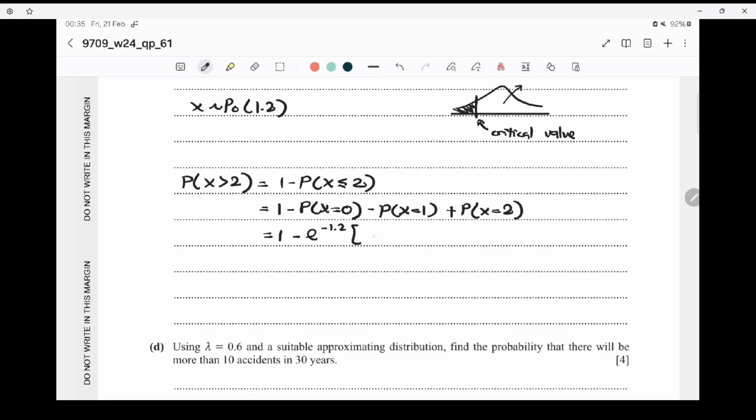The first term is 1, the second term would be 1.2, the third term is 1.2 squared divided by 2 factorial. So this is 1 minus 0.3012, 3614, 2169. So this is 0.1205.